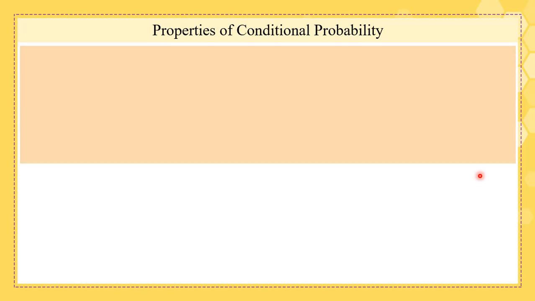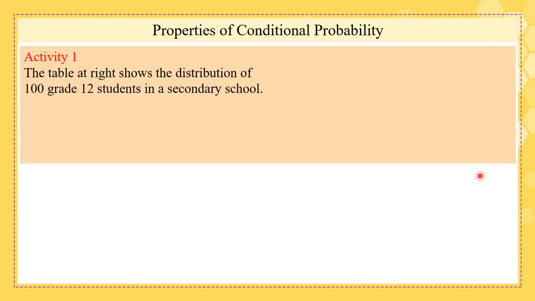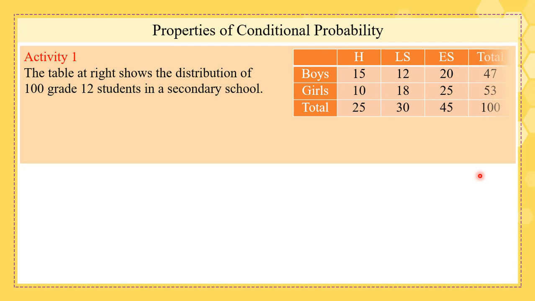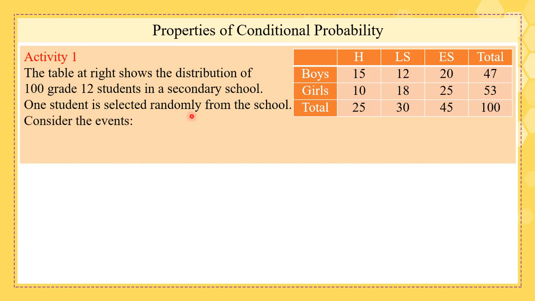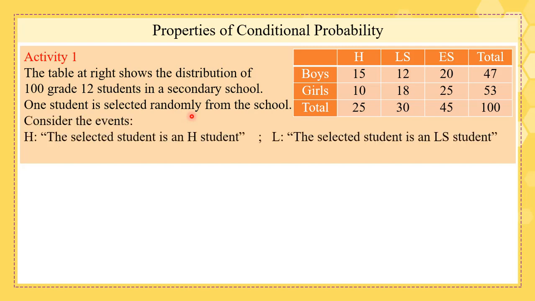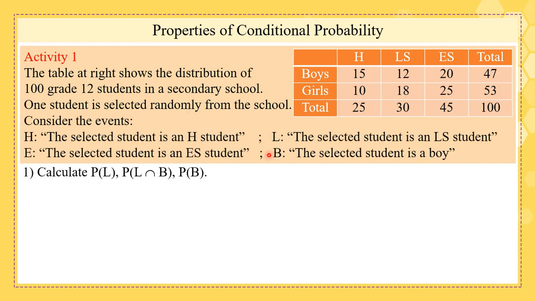Now let's see some properties about the conditional probability. Let's begin with this activity. We go back to this table. One student is selected randomly. Consider the events. We have the same events. Now calculate P of L. The selected student is in the LS section, so its probability is 30 over 100.